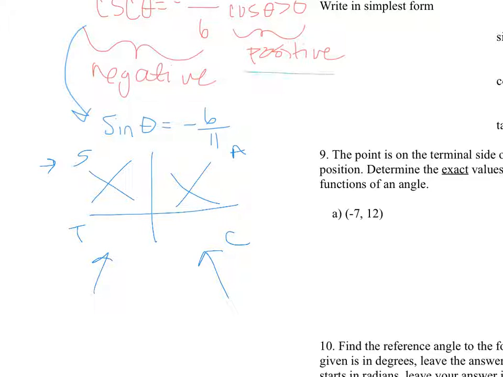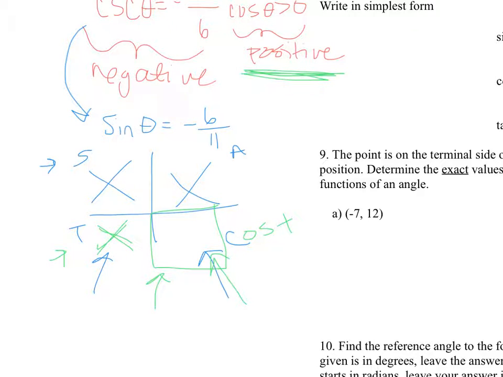Now looking at the second restriction, it says the cosine is greater than 0, meaning it's positive. Okay, in quadrant 4, the cos is positive, so it's got to be in quadrant 4. It can't be in quadrant 3 because only tan and cotan are positive, and cos is not positive in quadrant 3. So we know we're working with quadrant 4.